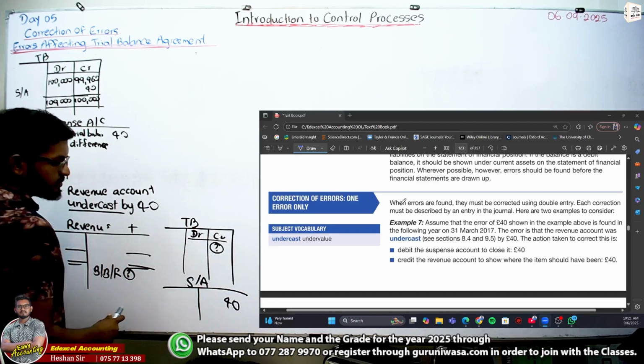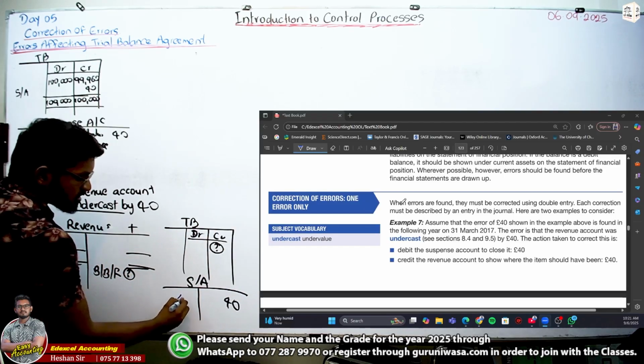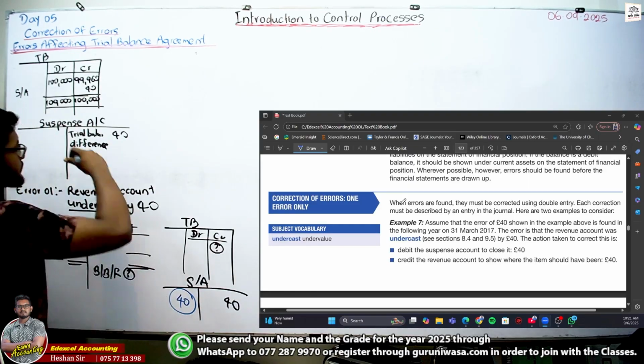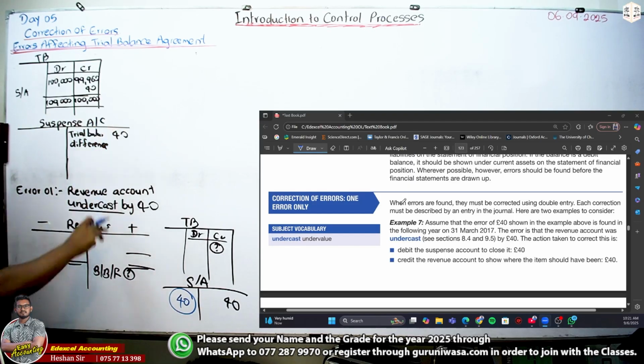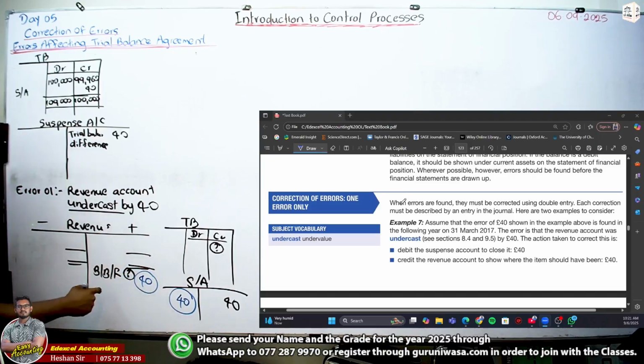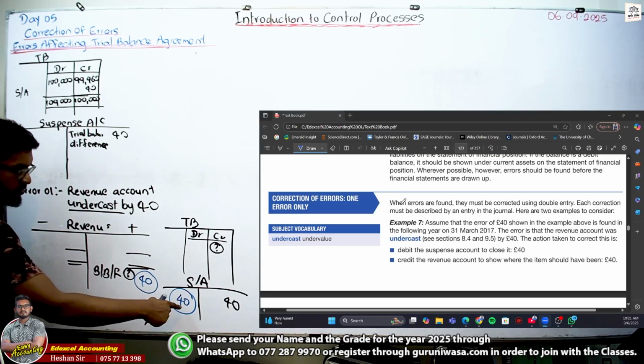The trial balance is not a ledger account. It's just a statement. Once we correct all the errors, the suspense account balance should be 0. This 40 is the net impact. So what we need to do is debit to here and credit to here. We need to debit the suspense account. Why?